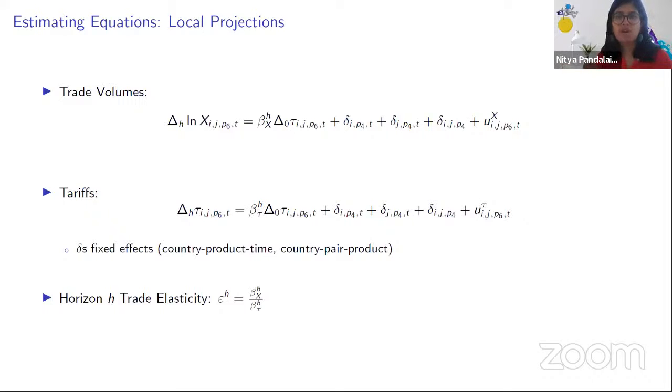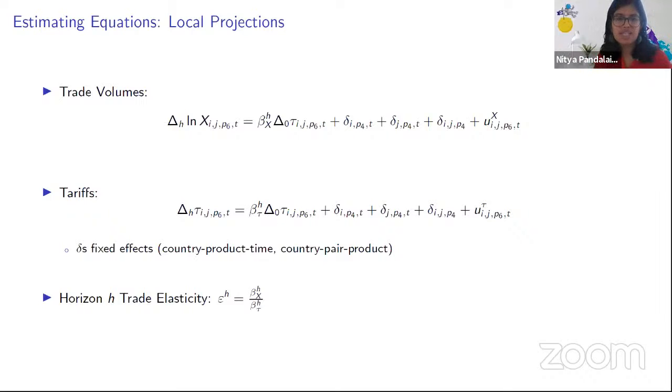But tariff changes can be autocorrelated. They could be staggered, and we're going to show in the data that in fact they are autocorrelated. And so to take this into account, we also estimate local projections equations for tariffs. This amounts to regressing the h-period change in tariffs on the initial tariff shock to see how much of that initial tariff impulse survives over h periods.